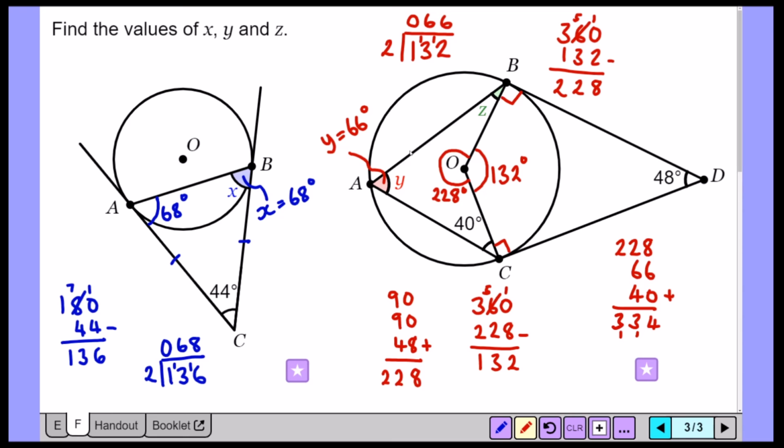That means I'm given 334 degrees so far in total. I now need to take that away from 360. Firstly, I need to borrow. I get 10 take away 4, which is 6, 5 take away 3, which is 2, and 3 take away 3, which is 0. That means that my missing angle z is 26 degrees.